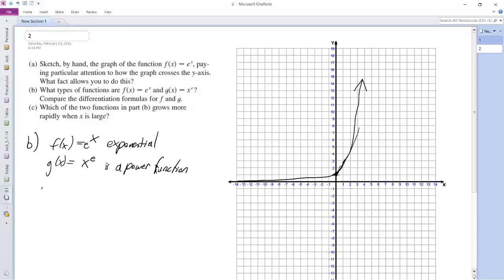differentiating these. So f prime of x is just equal to e raised to the x. It's a nice thing about e-based differentiation. And then g prime of x is equal to e x raised to the e minus 1, which is essentially equal to e x to the e over x.